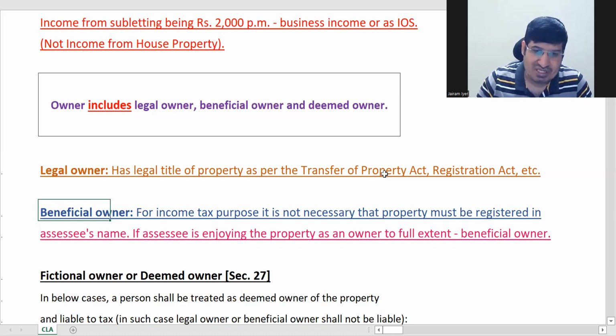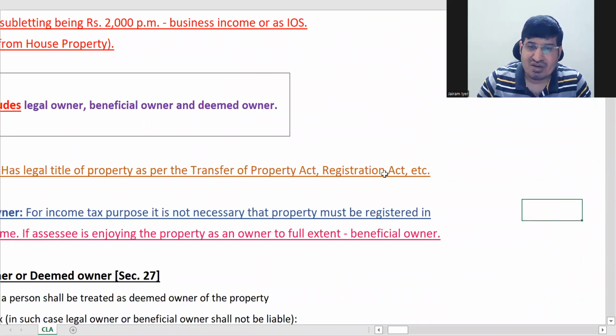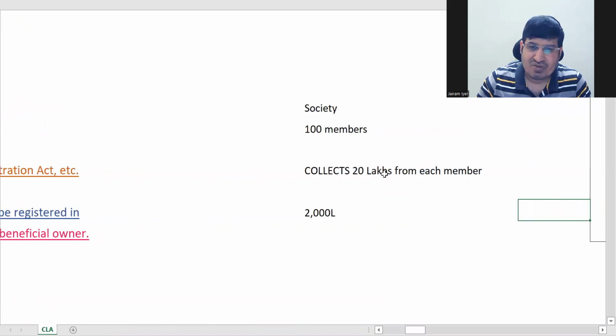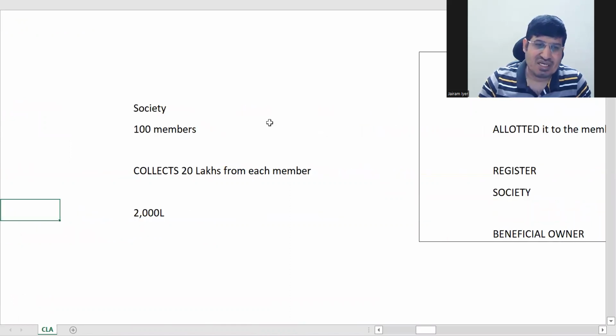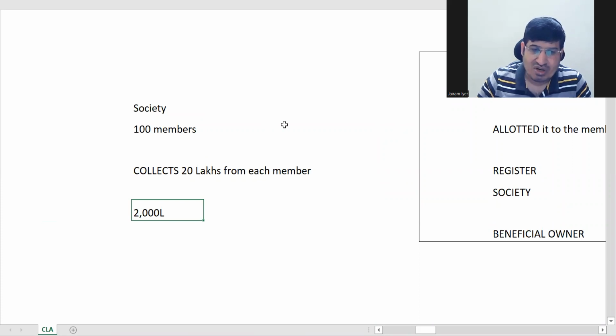For example, there are many mutual schemes, where, say, there's a society with 100 members. They collect money from each member, 20 lakhs from each member, so the total amount collected will be 2000 lakhs, correct?